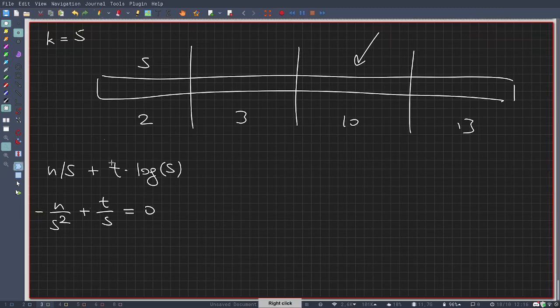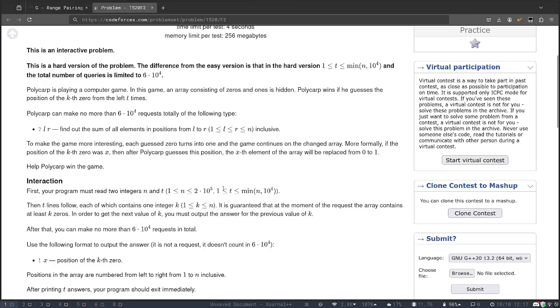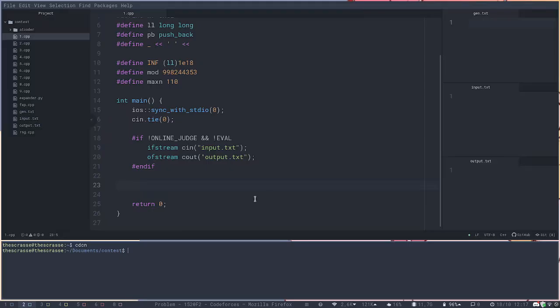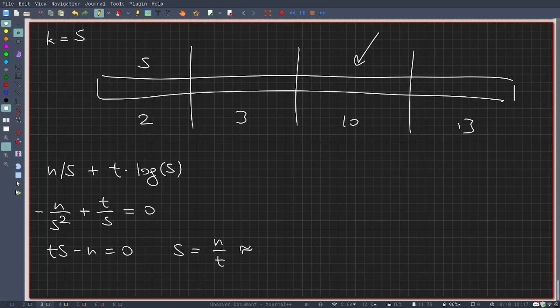Equals 0. So we have t times s minus n equals 0. S equals n divided by t. Okay, n is 10 to the 5th, t is 10 to the 4th, so it's around 20.